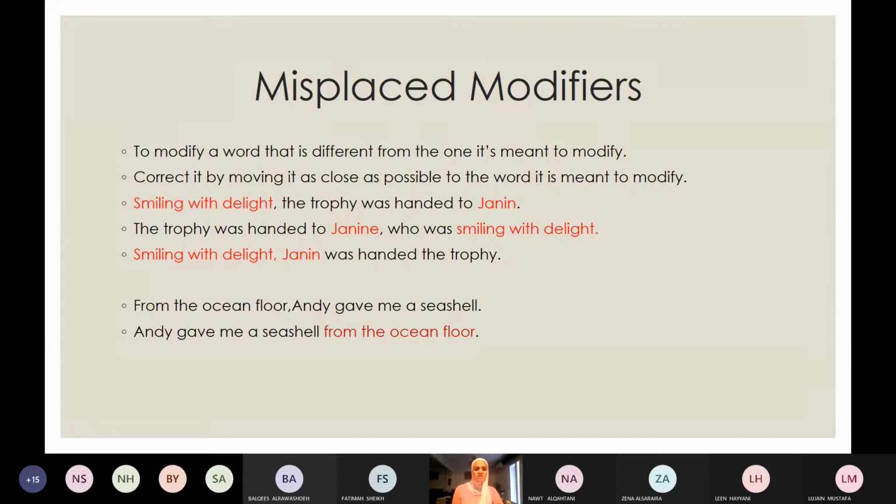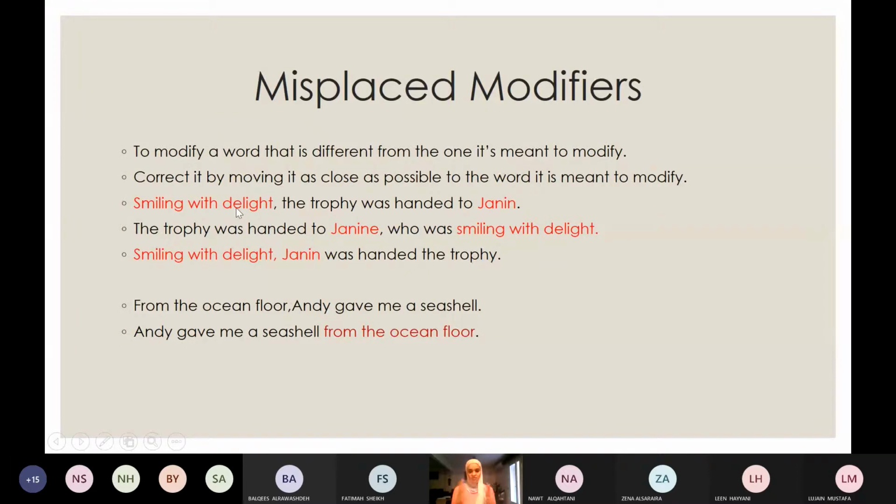So if I read the sentence and I say, smiling with delight, the trophy was handed to Janine. We know that it is a word with an ing. It looks like a verb, but it's not a verb. So it functions as an adjective. It is a participial phrase. Smiling with delight is a phrase that modifies trophy.